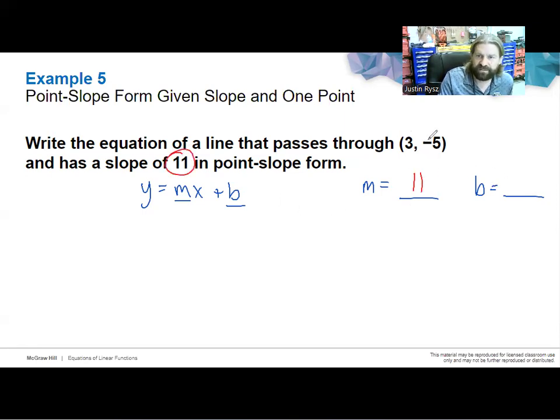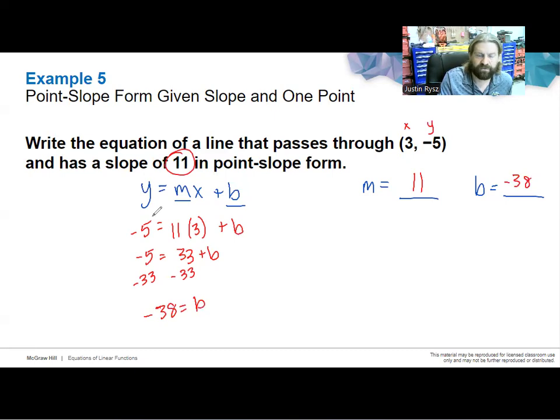Now, we don't know what our b is, and it's not going to be -5, but we can use these x and y to help us solve for b. So I'm going to plug in -5 for y, 11 for m, 3 for x, and solve for b. So we get -5 equals 33 plus b. I can minus the 33 over. All right, we get -38 equals b.